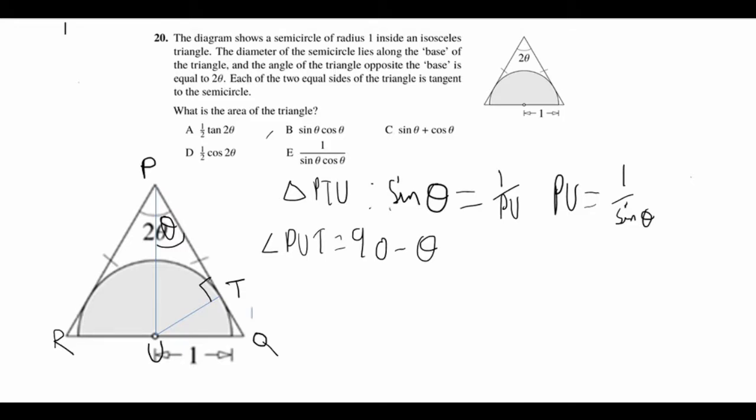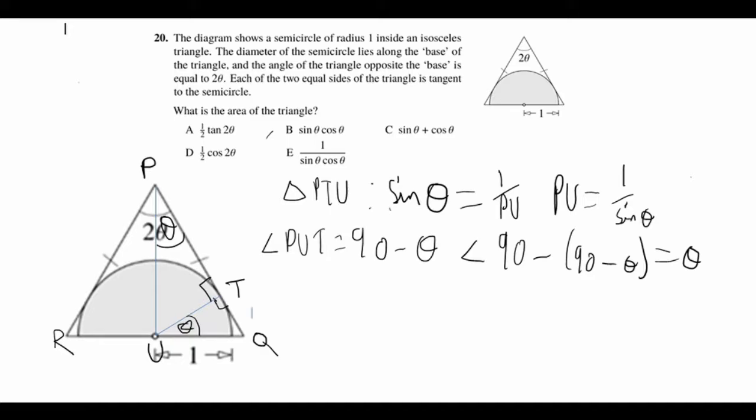And so this means that the angle TUQ is equal to 90 minus (90 minus theta), which is equal to theta. So we know that this angle here is also theta. And because angles on a straight line add up to 180 degrees, this angle here is also a right angle.